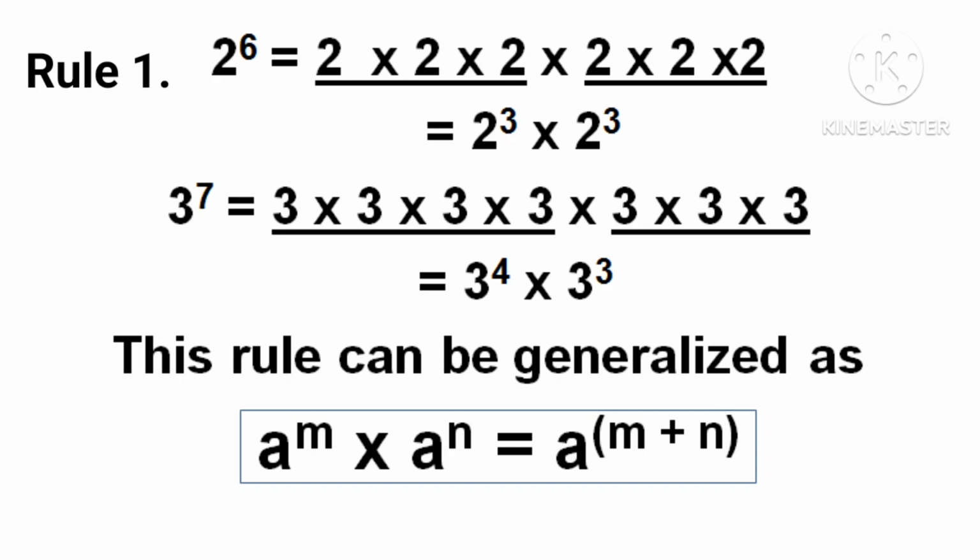If instead of 2 there were any base other than 2, the same logic would apply. For example, 3 raised to 7 can be written as 3 raised to 4 multiplied by 3 raised to 3. We can now generalize this rule as a raised to m plus n is equal to a raised to m multiplied by a raised to n.